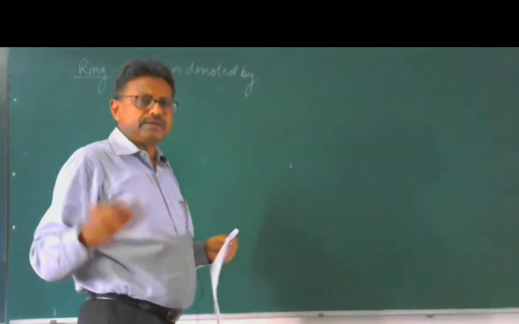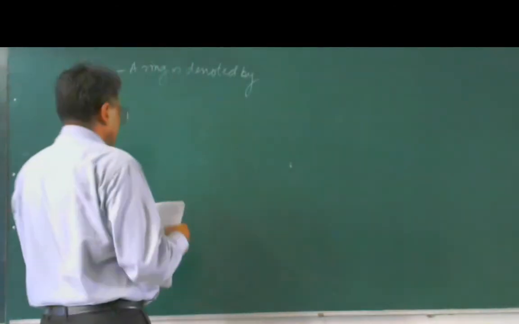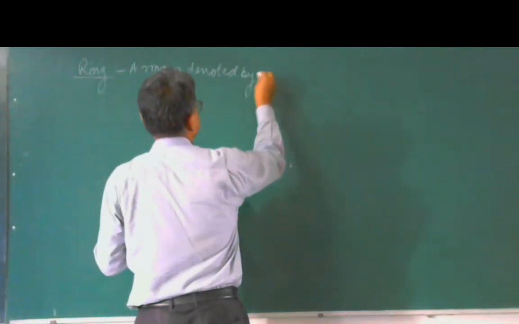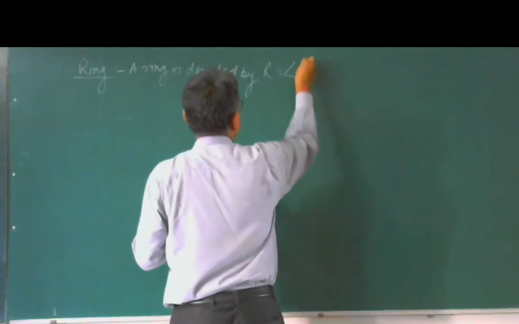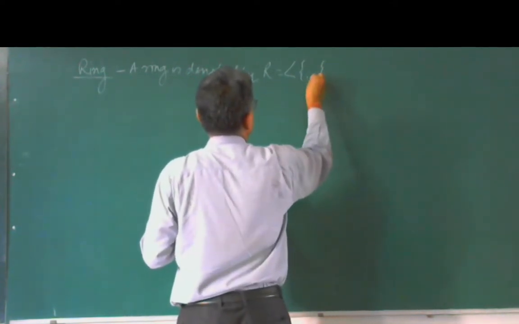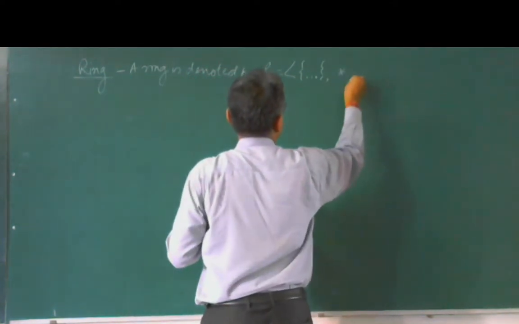The second algebraic structure is the ring. A ring is denoted as R, which contains a set and two operators.